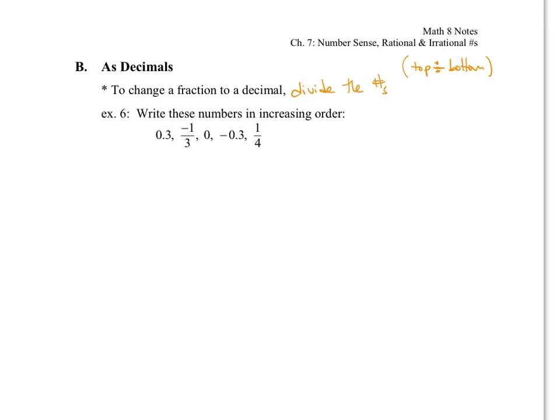So sometimes you'll get a mix of numbers. You've got decimals and fractions here. So we make them all decimals. It's easy to figure out where they go. So you have negative 1/3, which is a fraction. Let's make that a decimal. What's negative 1 divided by 3?